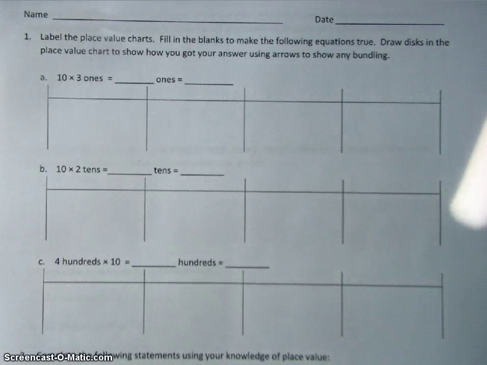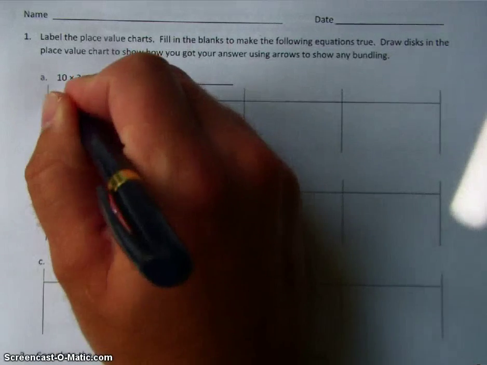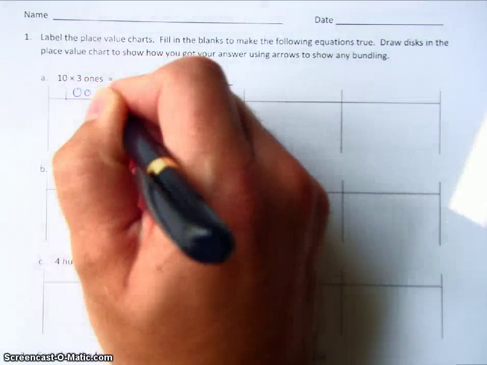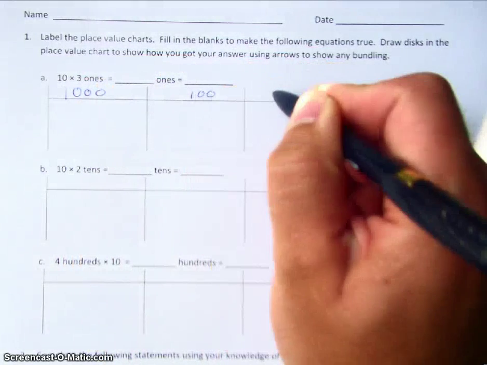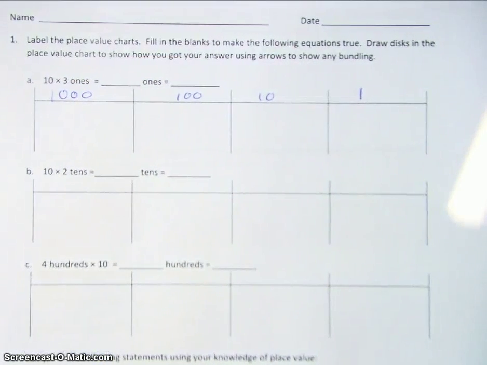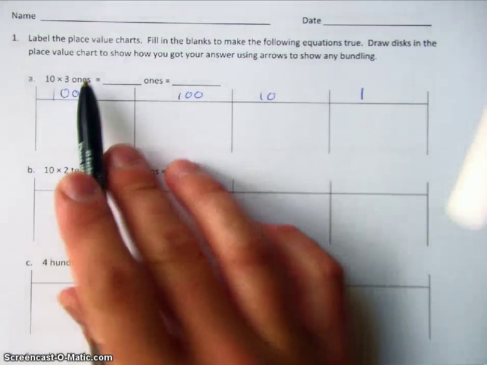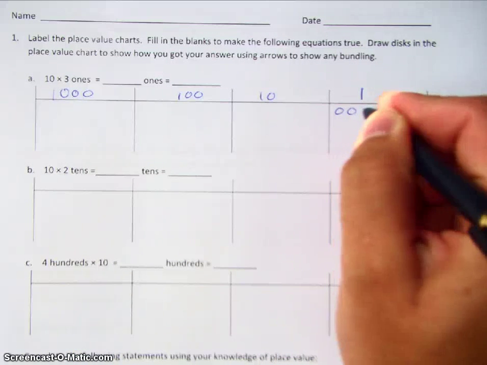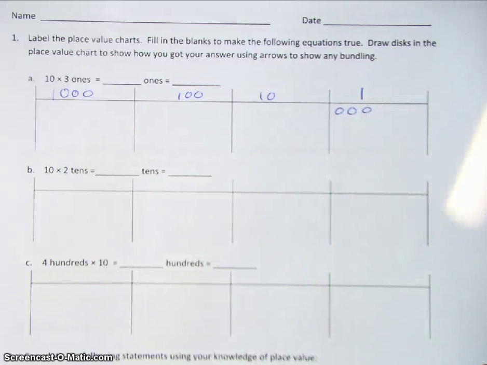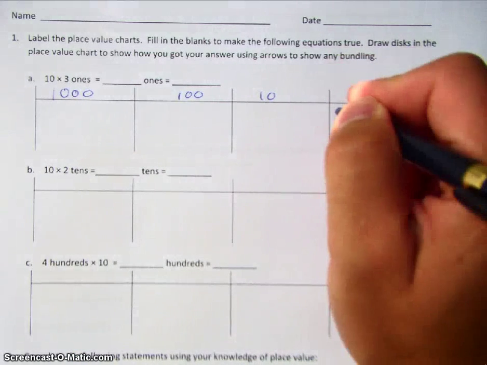Okay, so what we're going to do is we're going to label our place value chart. We have thousands, hundreds, tens, ones. Okay, so we have 3 ones. So we're going to draw 3 number disks, and we're multiplying each of those times 10.